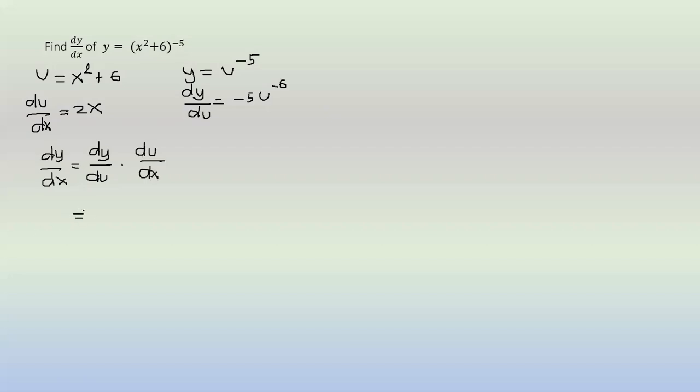It becomes dy/du, this one, negative 5 u to the power negative 6, where u equals x squared plus 6, so (x squared plus 6) to the power negative 6, times du/dx, this one, 2x.